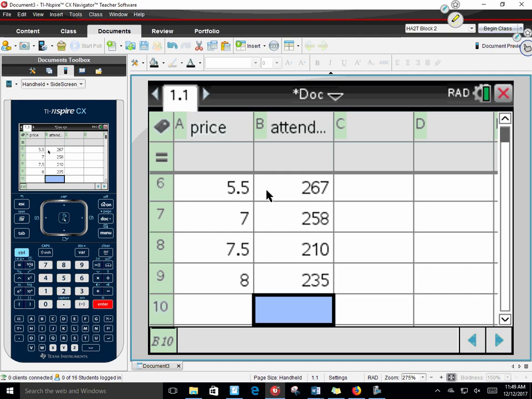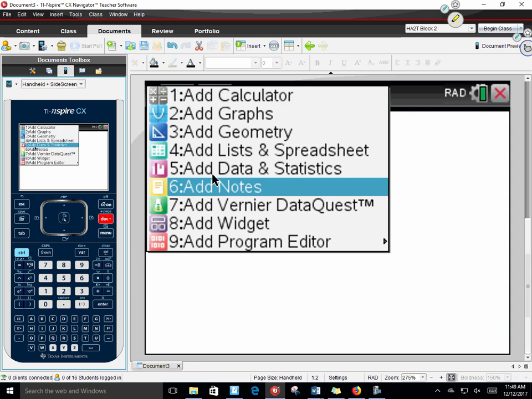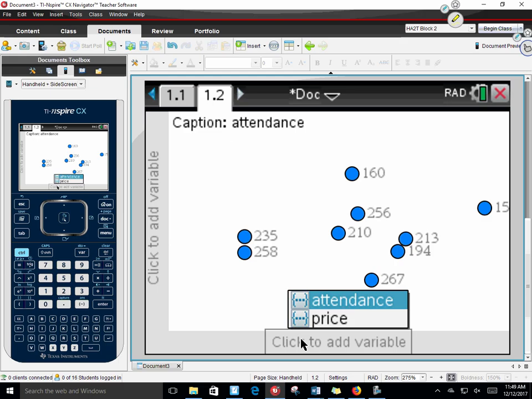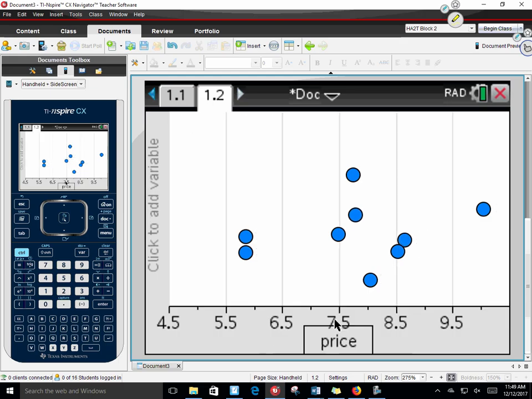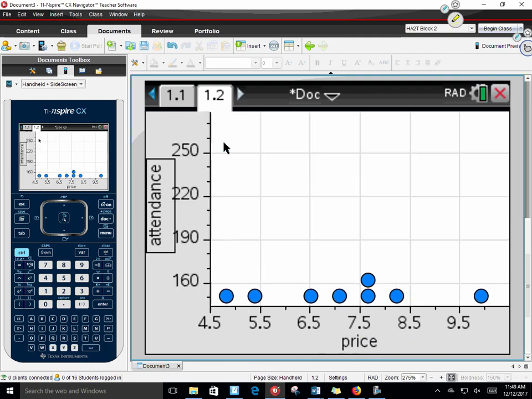All right, what are we going to do to find the equation? Control I. Okay, so we're going to add a new page. Then we're going to go to add data and statistics. Then we're going to click to add values. What am I going to put on the bottom? The X value, right? Good. And then on the left, we're going to put the attendance, the Y value.